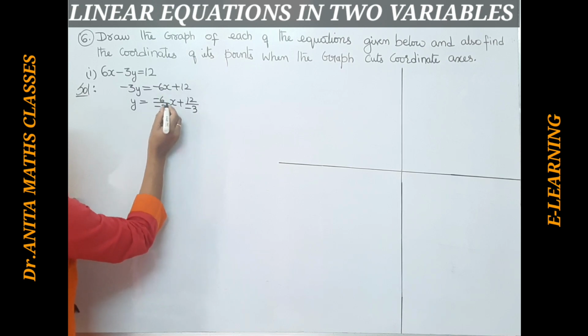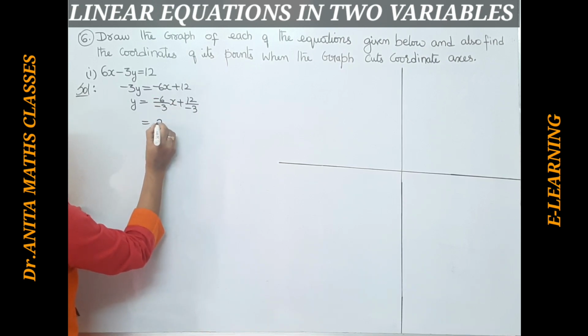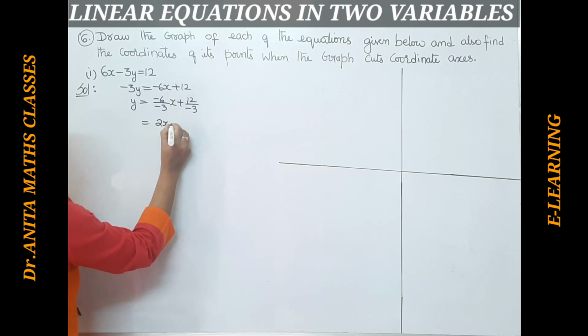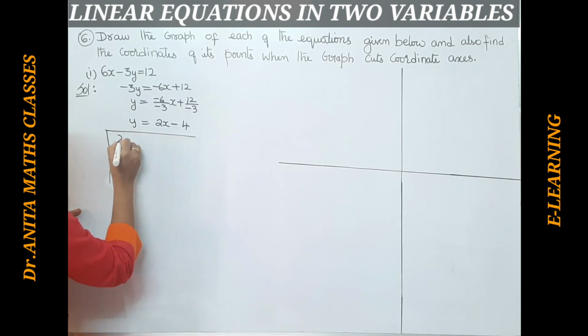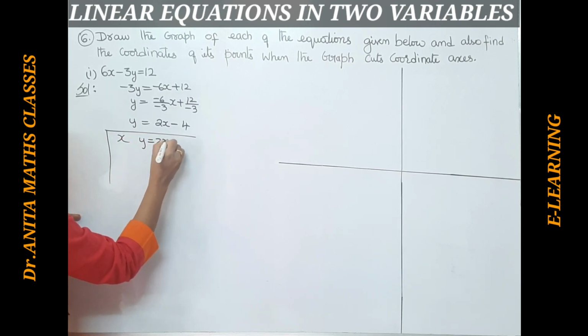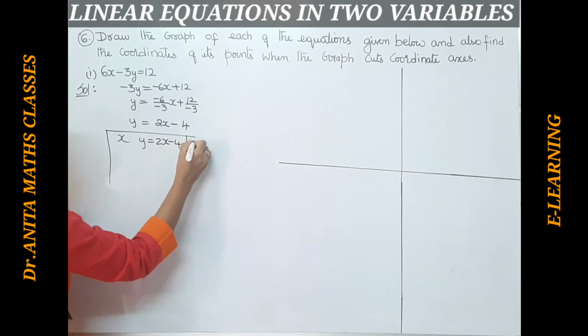Now we will solve this: 3 ones, 3 twos, and minus by minus goes off. So this is 2x. Here minus comes up, so 4: 3 ones, 3 fours. So y equal to 2x minus 4, and the point is x comma y.